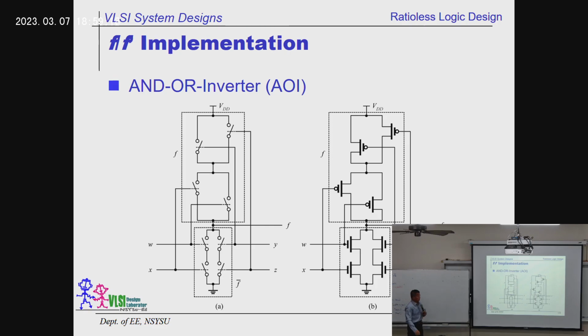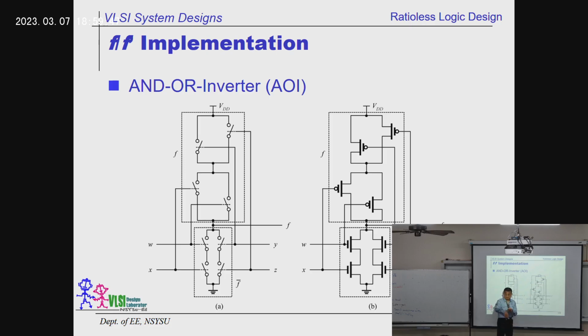Because the left-hand side is a switch-based design and the right-hand side is a MOS-based design, basically they are the same. No difference. So you check all the equation over here. You see that in the bottom here, W and X, the transistors they control are in serial.